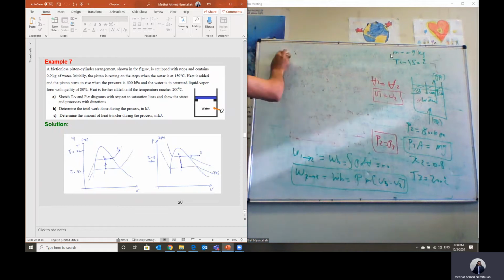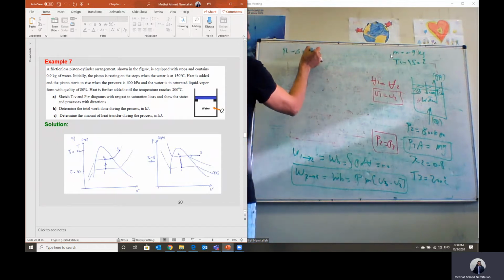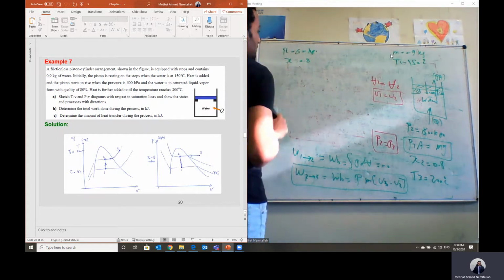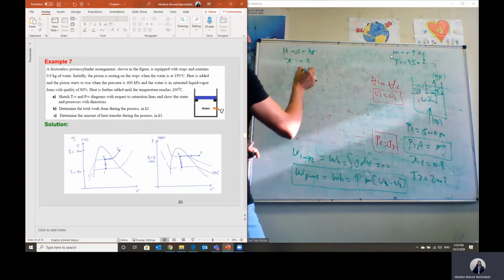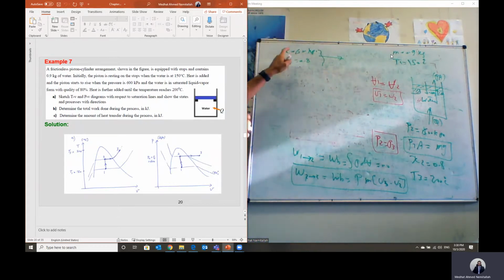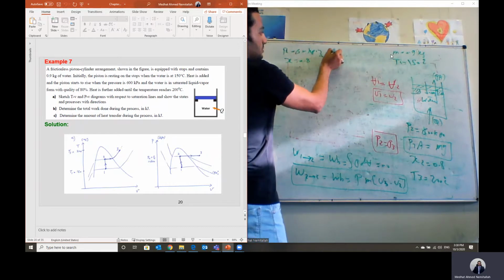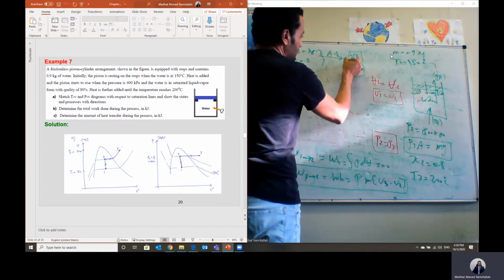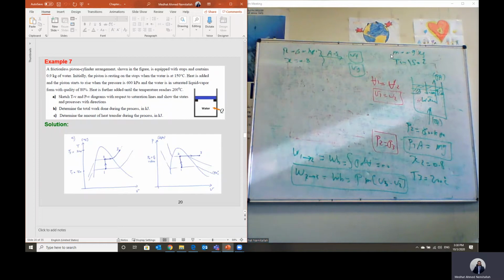The working fluid here is water, so I will be using steam tables. At state number 2, we have pressure P2 equal to 600 kilopascal, and the quality X is equal to 0.8. To calculate the specific volume V2, I will go to the pressure table, table A5, and get the value of v_f and the value of v_g.